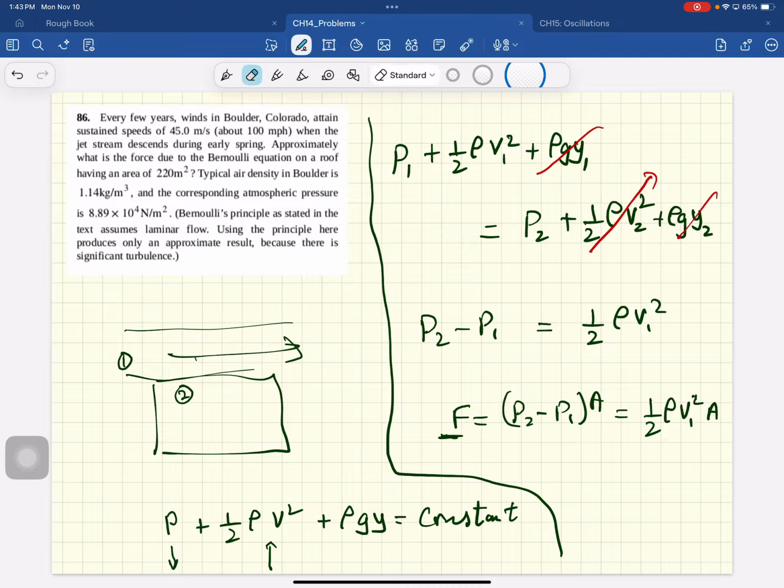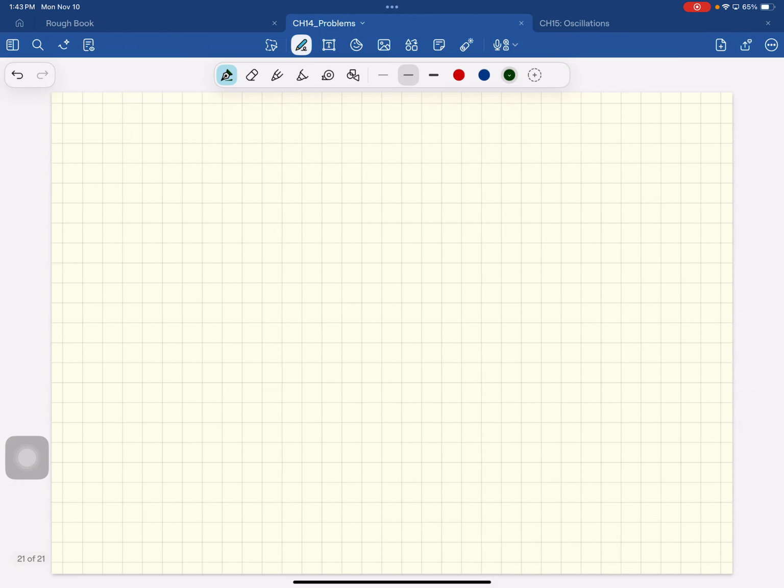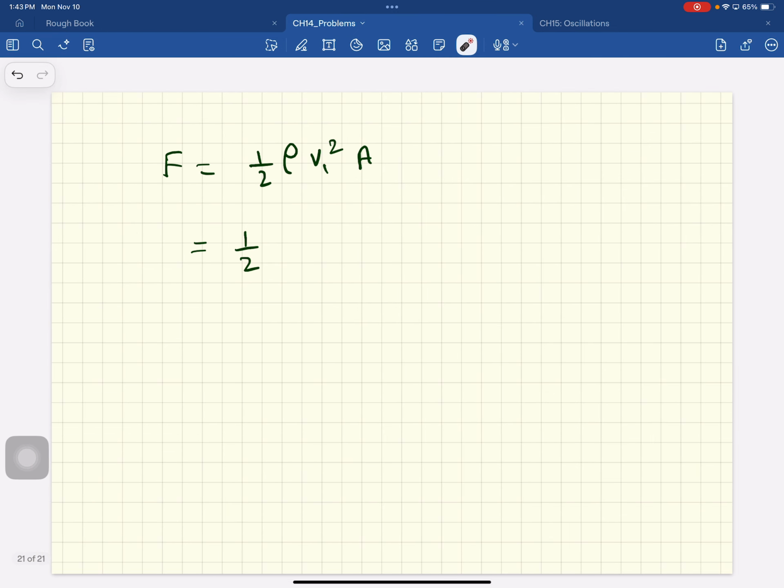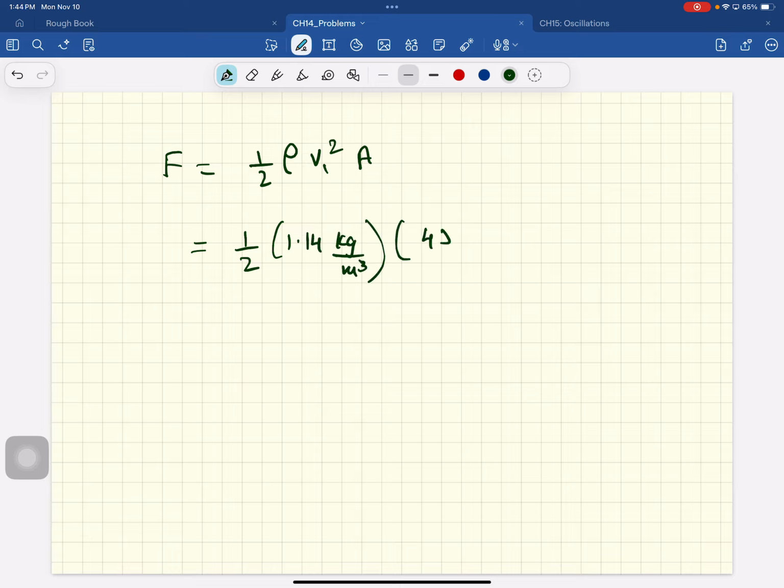So you can calculate the net upward force. The net upward force is 1/2 rho V1 squared times the area. The density of air in Boulder is 1.14 kg per meter cube. The velocity of air is 45 meters per second.